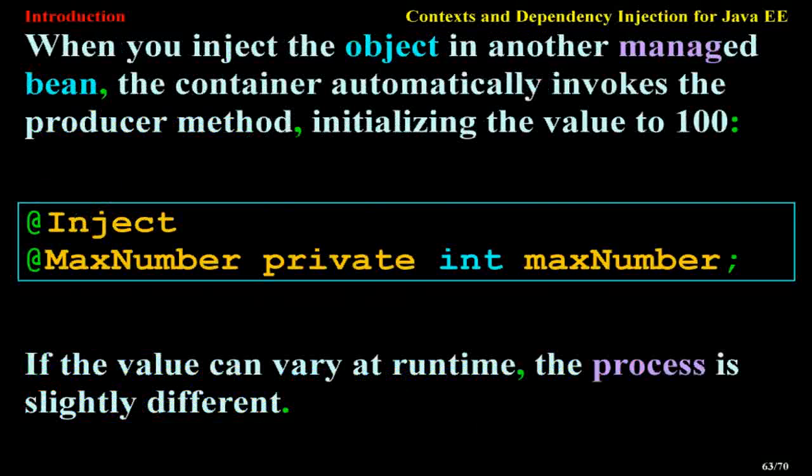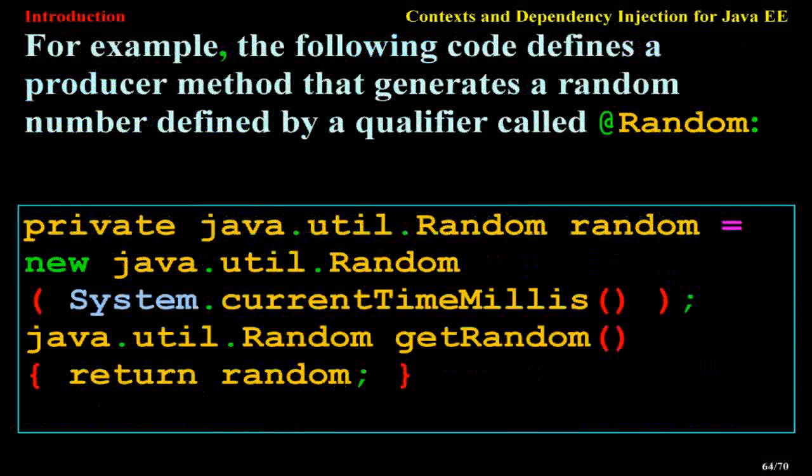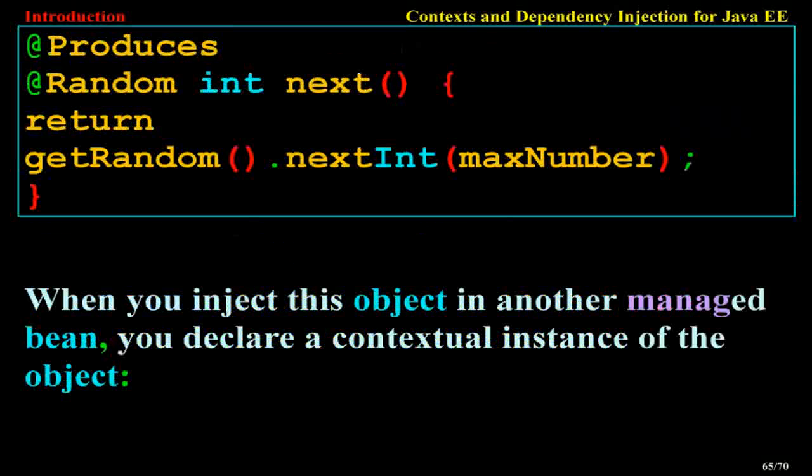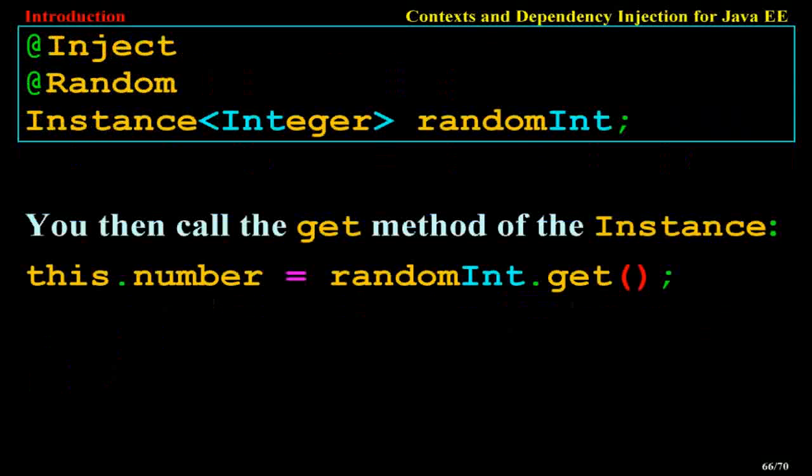If the value can vary at runtime, the process is slightly different. For example, the following code defines a producer method that generates a random number defined by a qualifier called Random: private java.util.Random random = new java.util.Random(System.currentTimeMillis()); java.util.Random getRandom() { return random; } @Produces @Random int next() { return getRandom().nextInt(maxNumber); }. When you inject this object in another managed bean, you declare a contextual instance of the object: @Inject @Random Instance<Integer> randomInt.